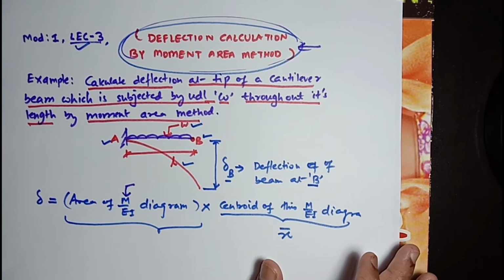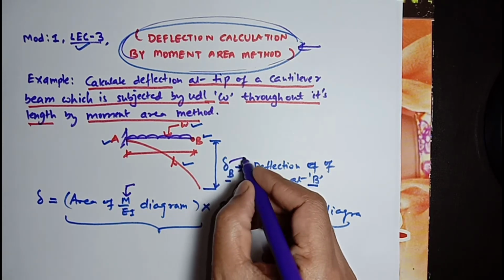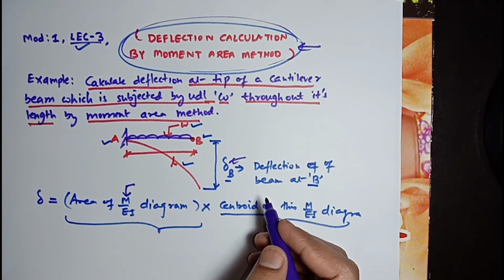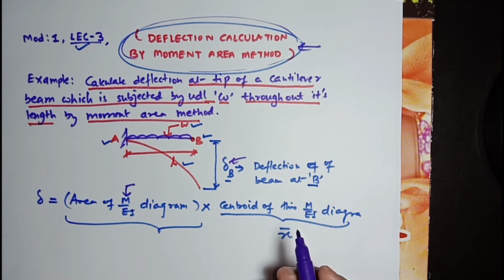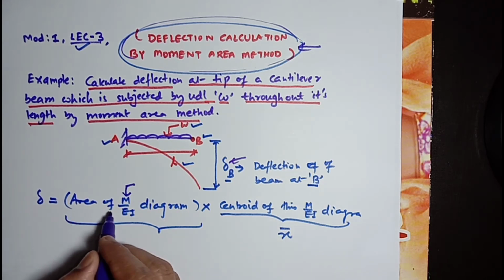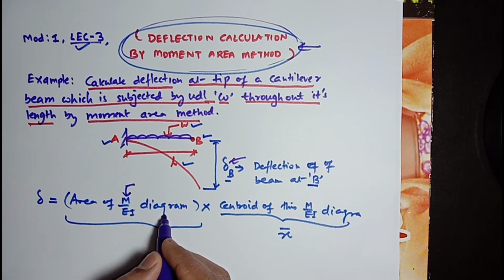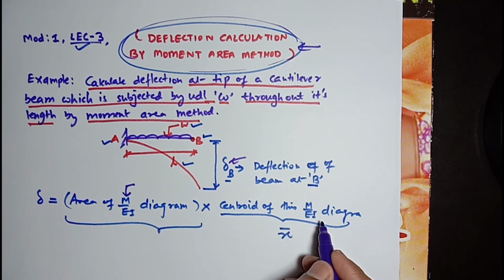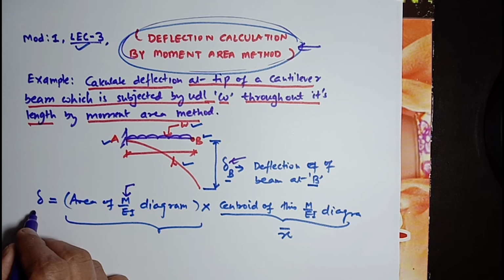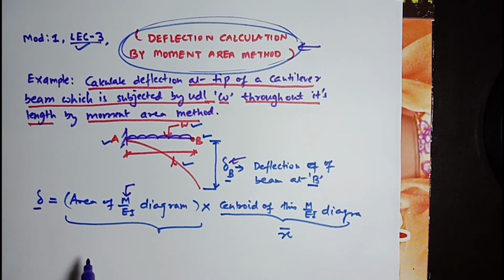Before calculating delta B using the moment area method, we need to understand its statement. The moment area method states that the area of the M over EI diagram multiplied by the centroid of this M over EI diagram will give deflection at any point.